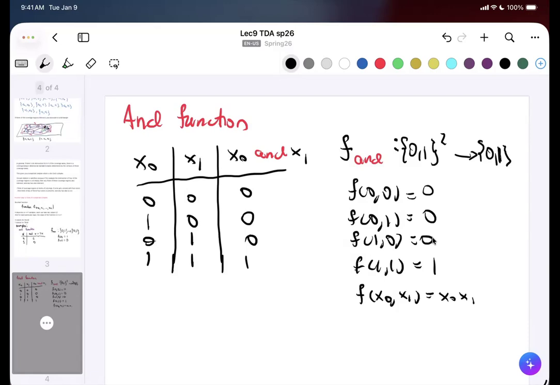Whereas the truth table is a correct definition in the broader sense that it doesn't matter that you use zeros and ones to state it, right? Is that making sense? So far, so good.